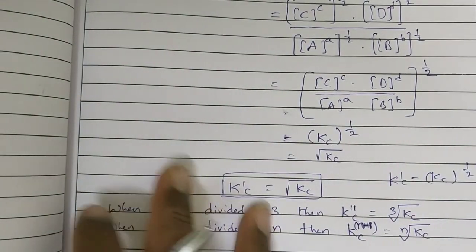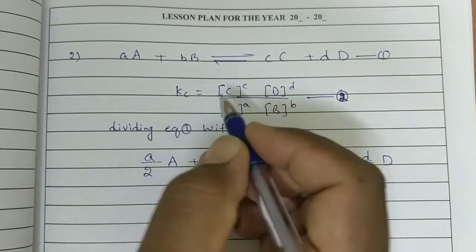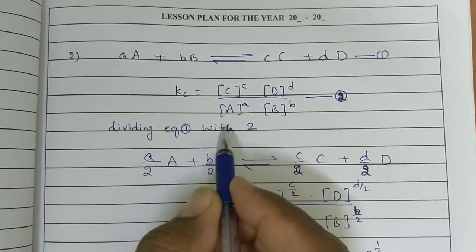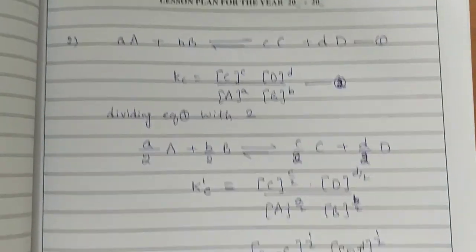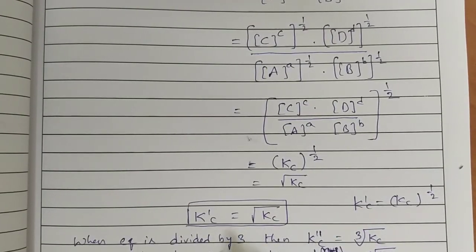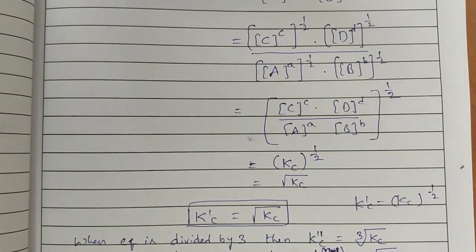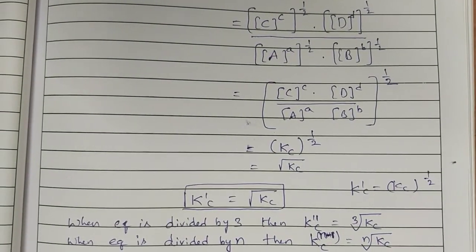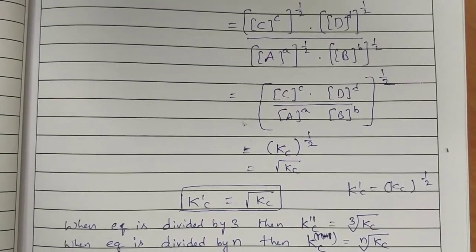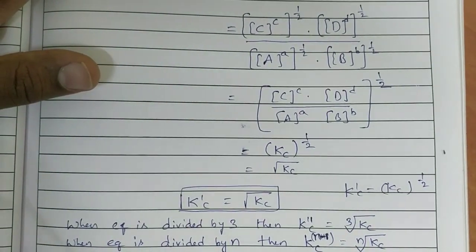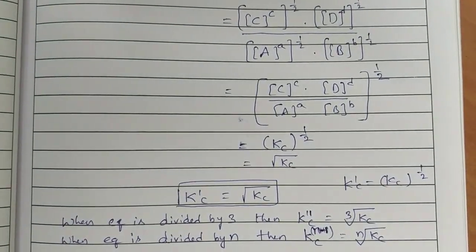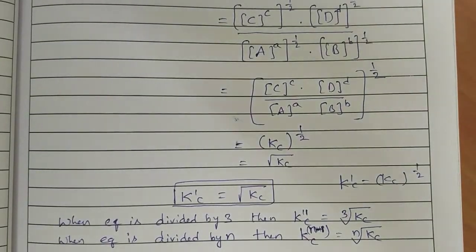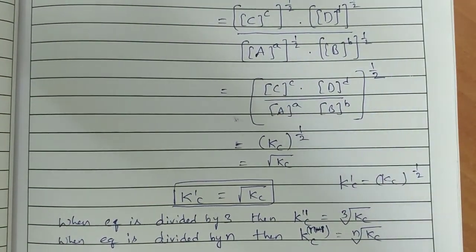This is the second application: without reversing, when we divide the equation by 2, then K dash c is equal to root of Kc. Is it okay till now? So this is about the relation between Kc and Kp, as well as some applications related to Kc also.